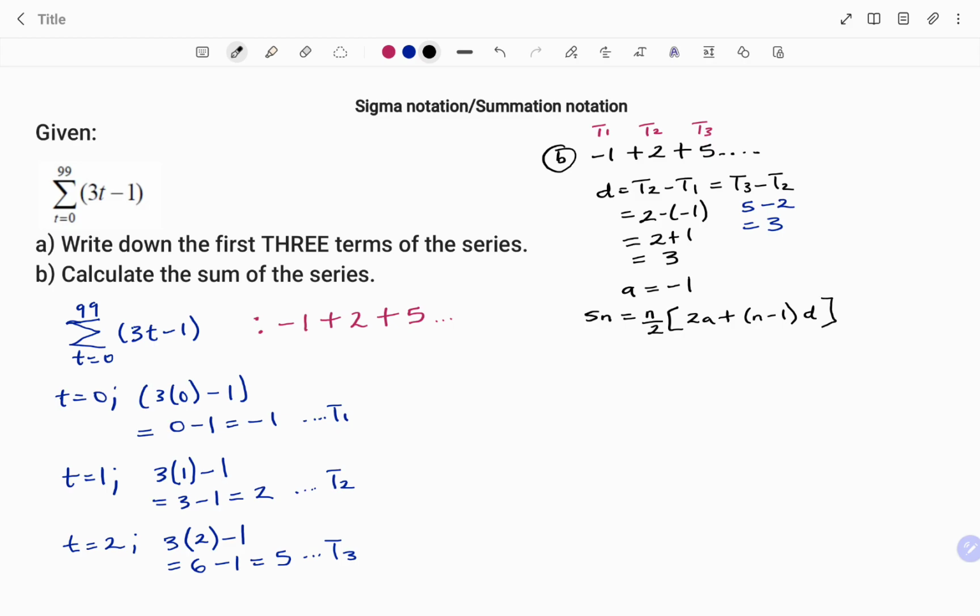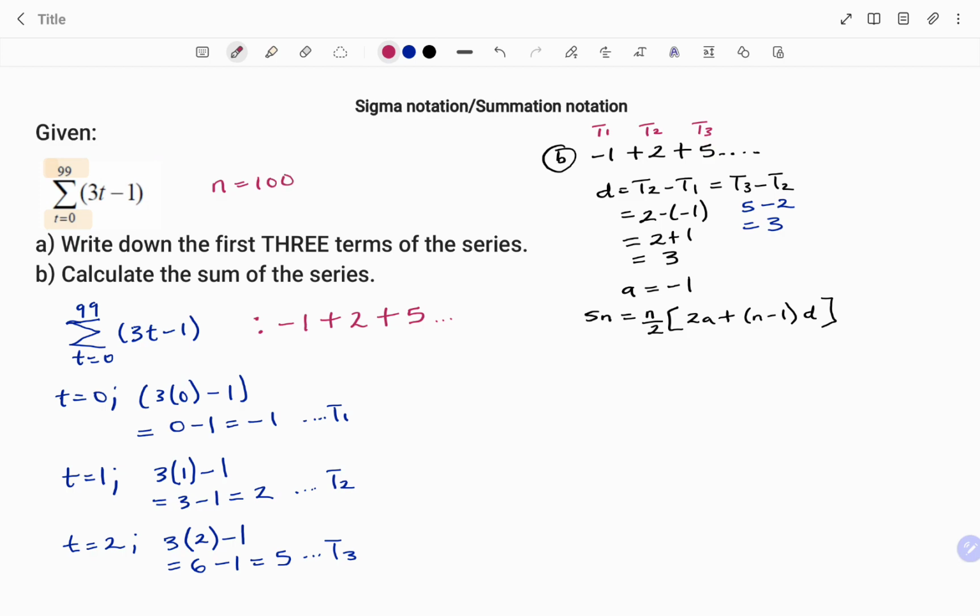Now, to figure out what our n is, note that the term t starts from t equals to 0 and ends at t equals to 99. Therefore, the number of terms, our n, is equal to 100.